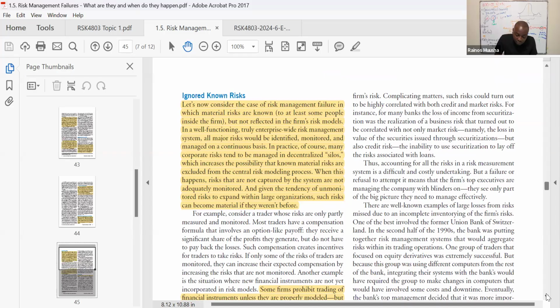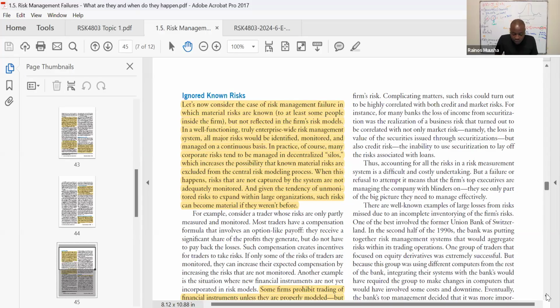In practice, of course, many corporate risks tend to be managed in decentralized silos, which increase the possibility that non-material risks are excluded from the central risk modeling process. When this happens, risks that are not captured by the system are not adequately monitored.